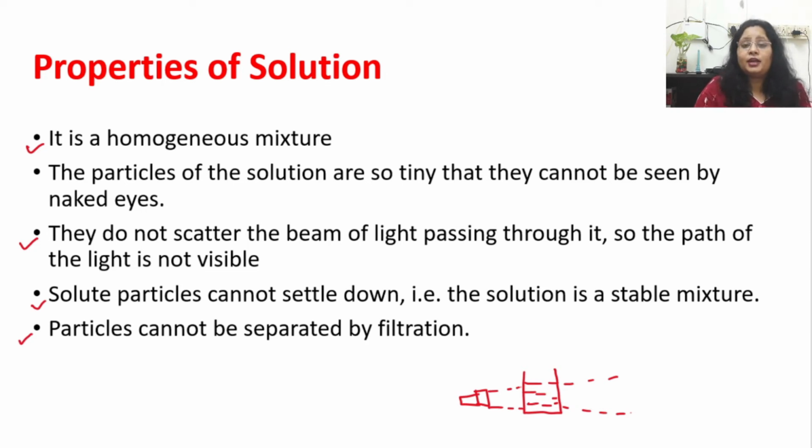The reason is the same. The particles are so tiny that we are not able to separate them by the simple process of filtration, because the filter paper has very tiny pores, but the particles are even tinier, so they will pass through the pores, and we are not able to separate the sugar from the water by filtration.